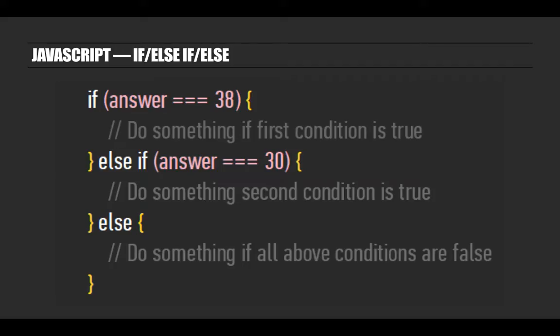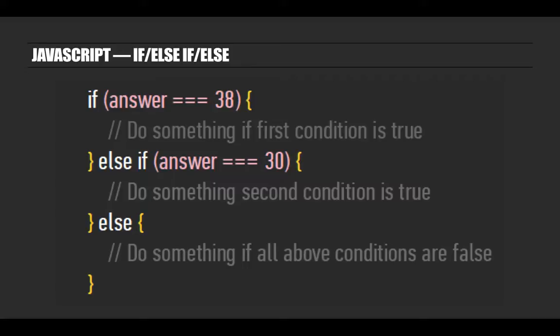Okay, so we just had a little bit of practice with this earlier, but you can write if else statements in JavaScript. For that, you would need to do if, and then in parentheses, write whatever condition you want to evaluate. And then in the brackets, that's what's going to run if this is true.